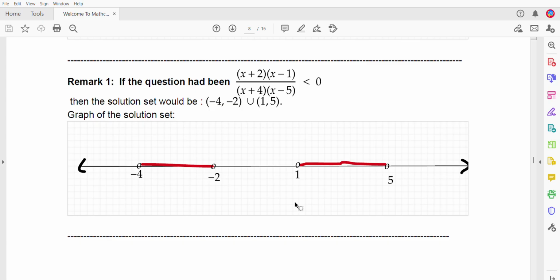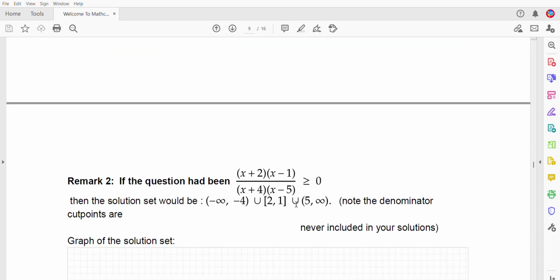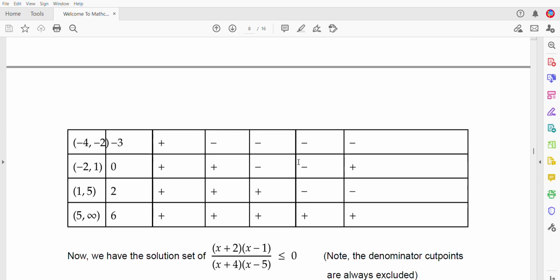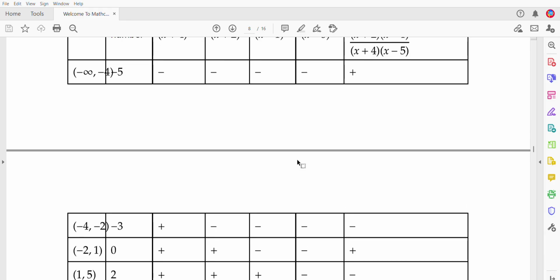Okay. Same question. Suppose you had greater than or equal. So endpoints should be included. Negative 2 and 1 will be included, but negative 4 and 5, because they come from the denominator, are excluded. How did I figure these three intervals? Greater than or equal to 0 means I need to be positive. Go back to the table. Where am I positive? My first interval is positive.